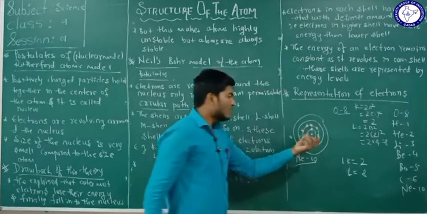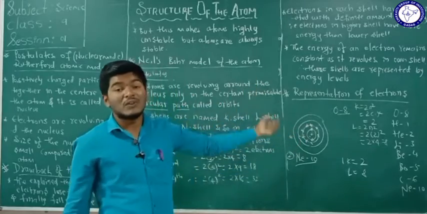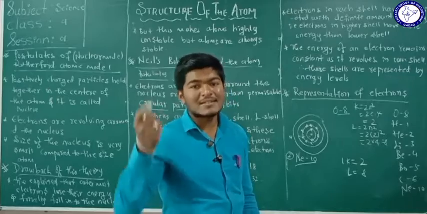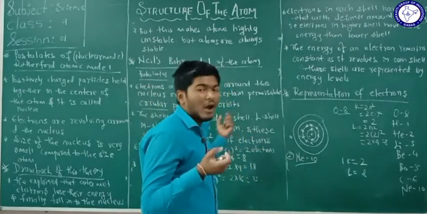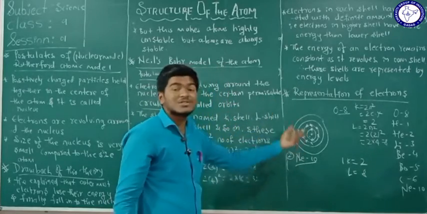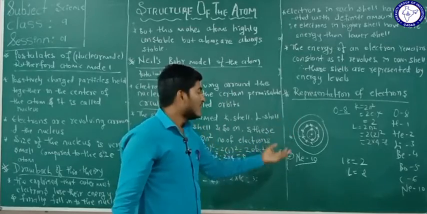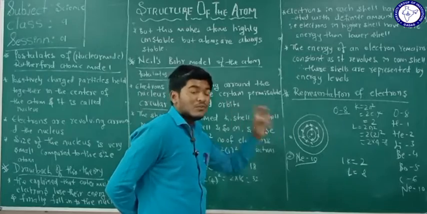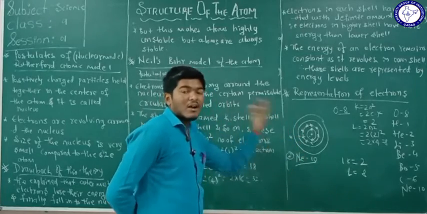See, so the L subshell is also filled here. So we are going to represent the electrons based on the capacity of their orbit. This is the representation of the electrons, isn't it? We have to fill the electrons after completely filling one orbit according to its capacity.